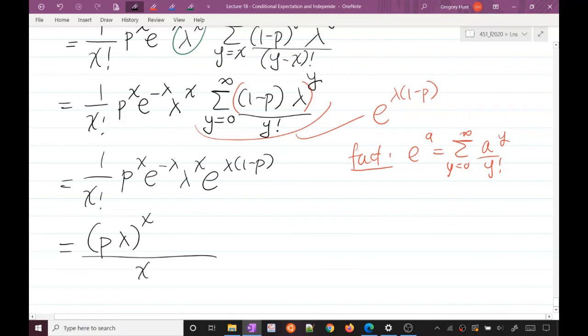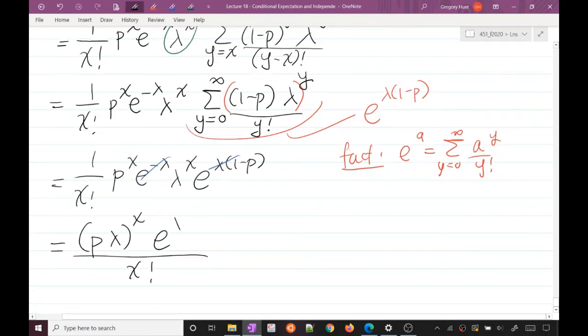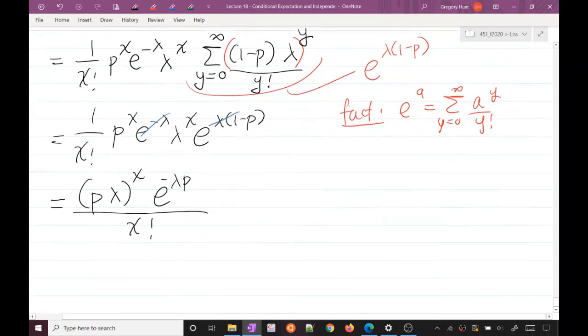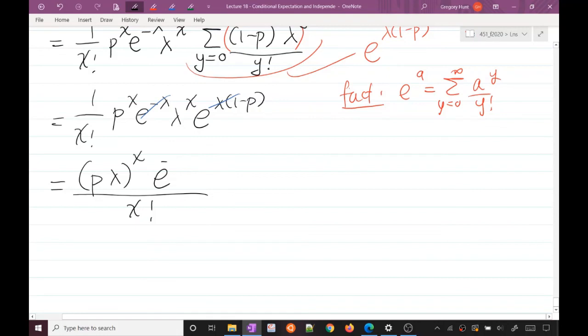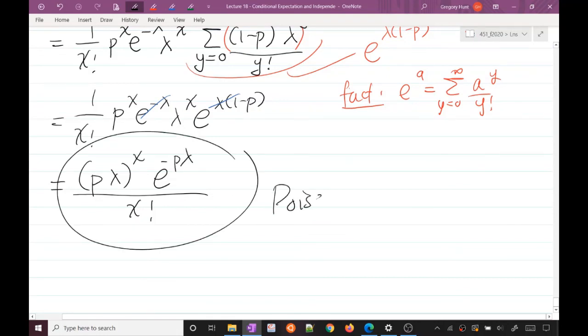We have in the basement an x factorial, and we get some cancellations here. That cancels with that. So we get e to the negative lambda p, or maybe we should write it as p lambda. This is a Poisson distribution with parameter, not lambda, but lambda p.